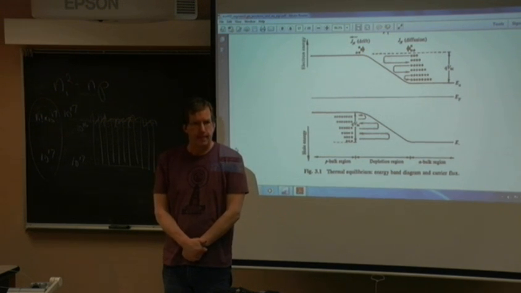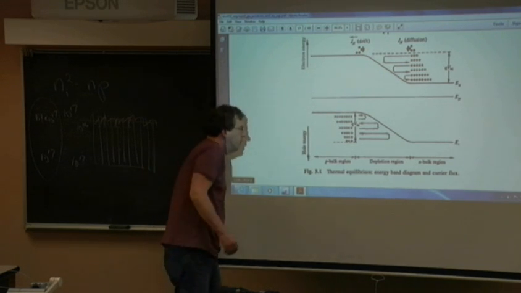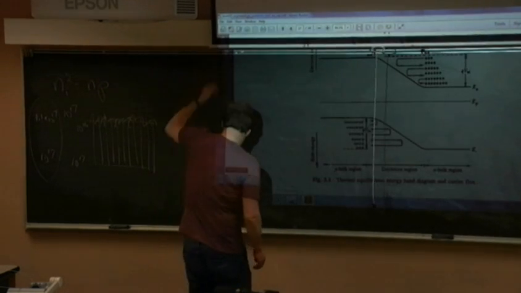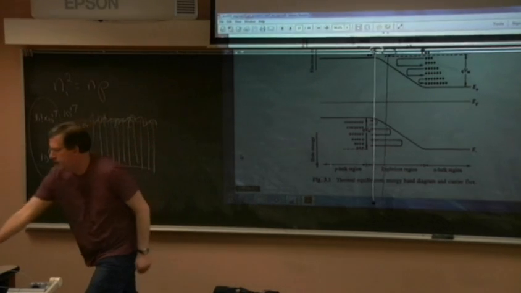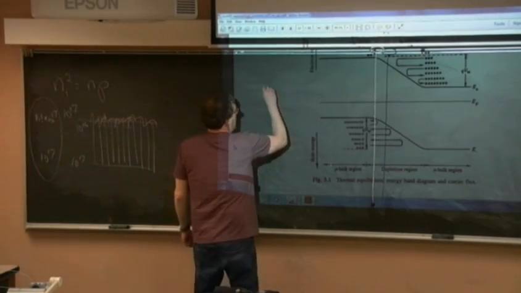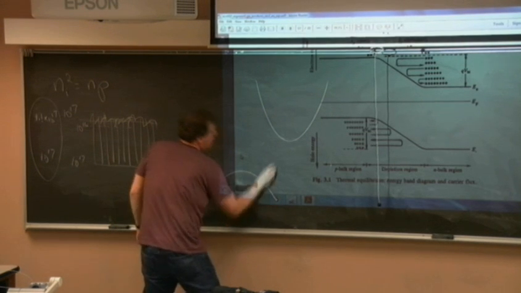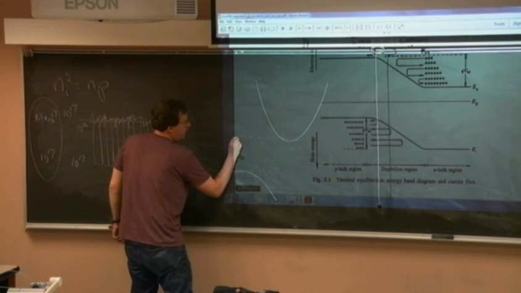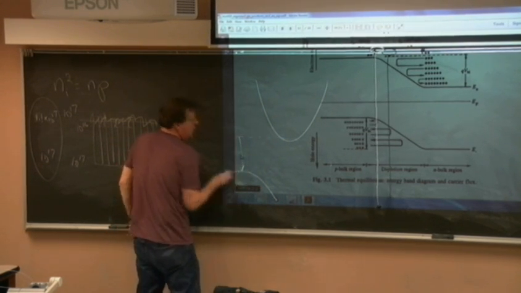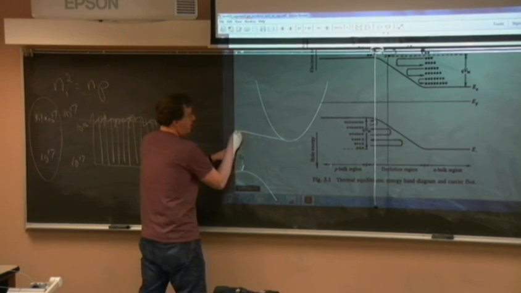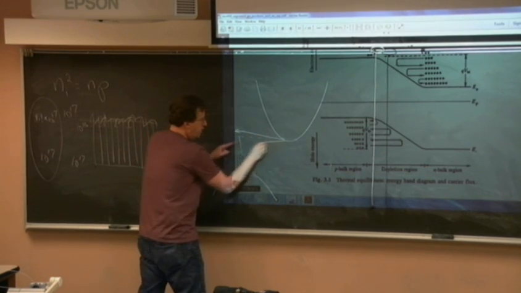Yes? I have a question in the indirect band gap. So, the phonons help the electron to reach the point where it just goes down, right? Yeah. In some sense, you can think of it as a phonon being absorbed or phonon being emitted.